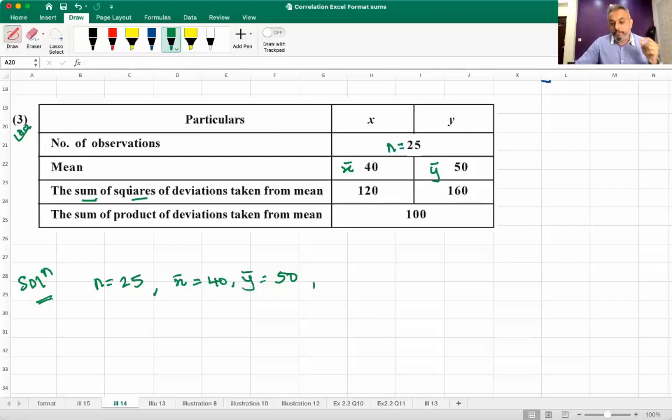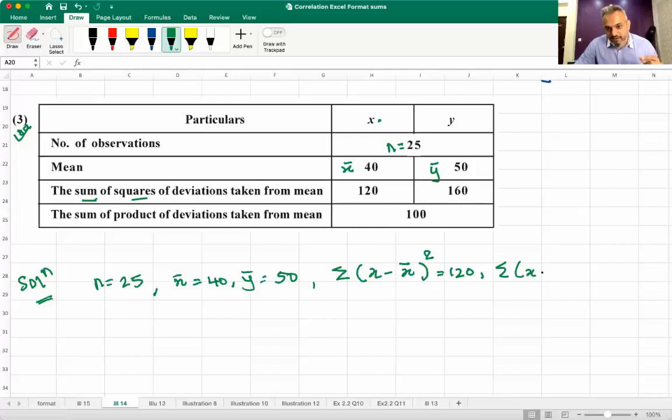Pay attention. The sum of square. So sum means sigma of square. Square of what? Of deviation taken from the mean for x and for y. So x minus x bar, the deviation that comes, its square is equal to 120. The sum of square of deviation taken from the mean, that is sigma x minus x bar the whole square, and sigma means sum of square, square of what?